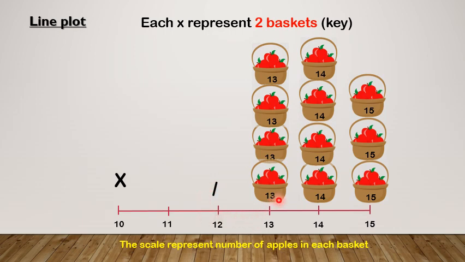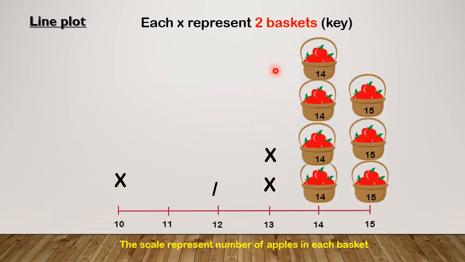Okay, how many baskets do I have here? 1, 2, 3, 4. And each X represents what? Two baskets. So this is 2, which means 1 X, and this is 2, which means 1 X. So I will remove these 4 baskets and I'll put 2 X's, because each X represents 2 baskets.